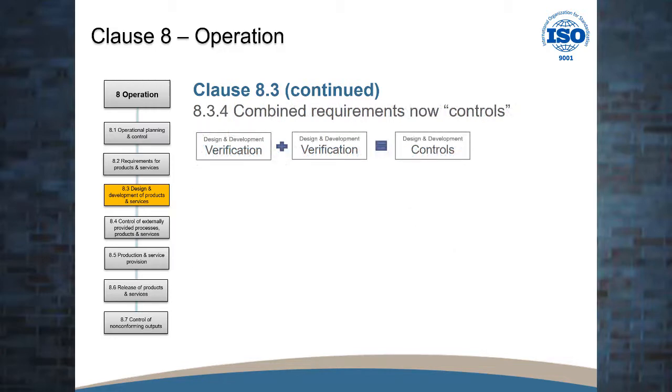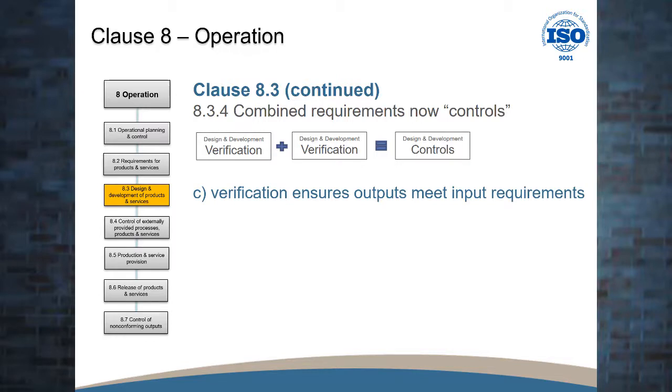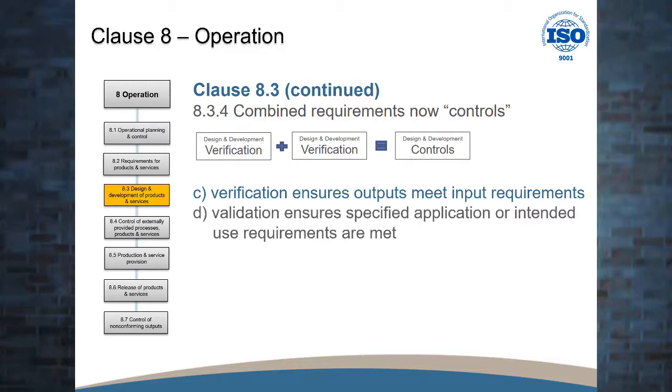Continuing with 8.3, we have 8.3.4, which is combining the requirements of design and development verification and validation. They used to be split up in the 2008 standard, and now they're kind of pulled together under one umbrella called controls. So verification needs to ensure that outputs meet input requirements, and validation ensures specified application or intended use requirements are met.